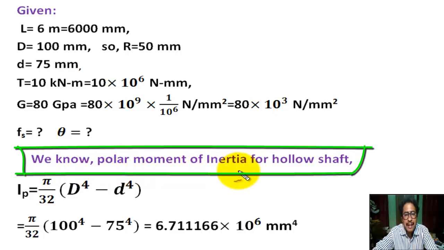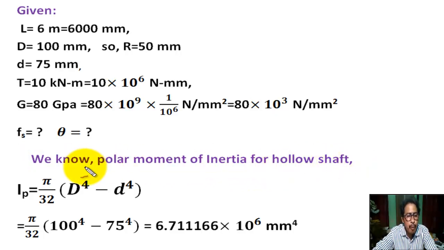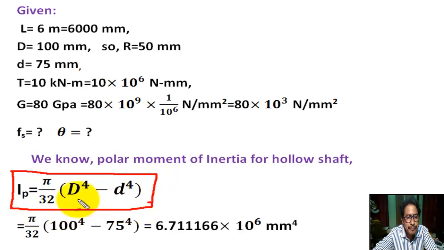Now we know polar moment of inertia for hollow shaft. Formula for polar moment of inertia for hollow shaft: Ip equal to pi by 32 within bracket capital D to the power 4 minus small d to the power 4.